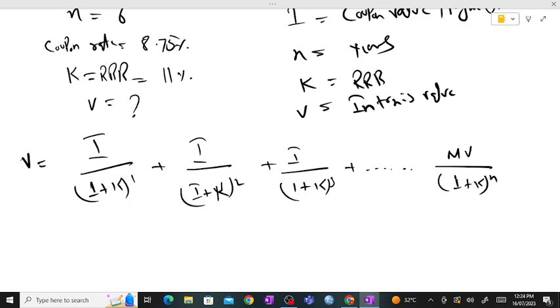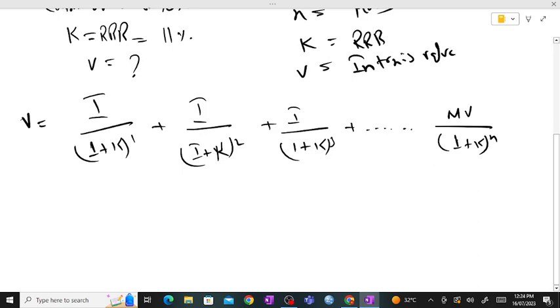Okay. Now, what we have to find initially is the coupon payment. Remember that every time you have to find the coupon payment, because they are giving it to you as a percentage, but you need an amount. They are giving you a rate, but you need to find the payment.